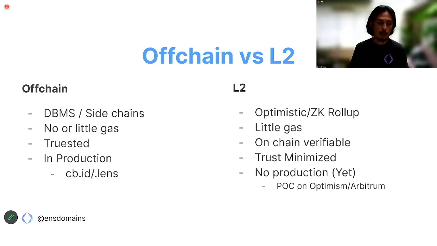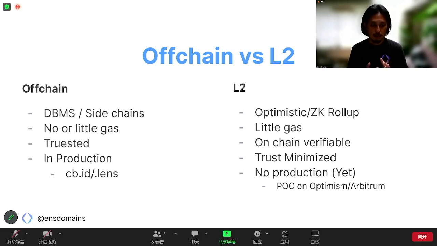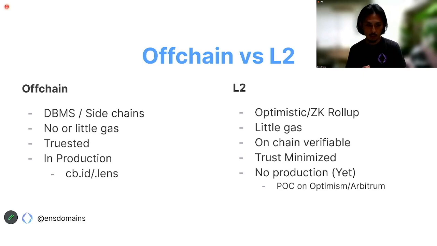If you are interested, I can share the link later, and you can try it. I think they are giving away testnet names right now, so you can see how it looks to play with getting subnames in a trust minimized but gas cheap way.